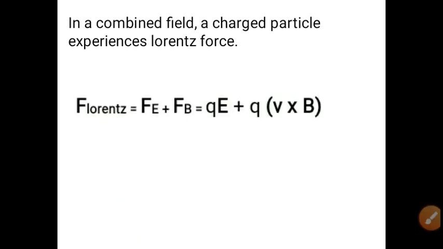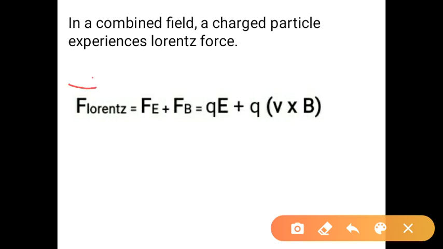Since the particle is in a combined field, it will experience Lorentz force given by the sum of electric force and magnetic force, that is Fe plus Fb. So we can write total force, vector F is equal to vector Fe plus vector Fb. What is vector Fe? That is Q into vector E. Plus what is vector Fb?